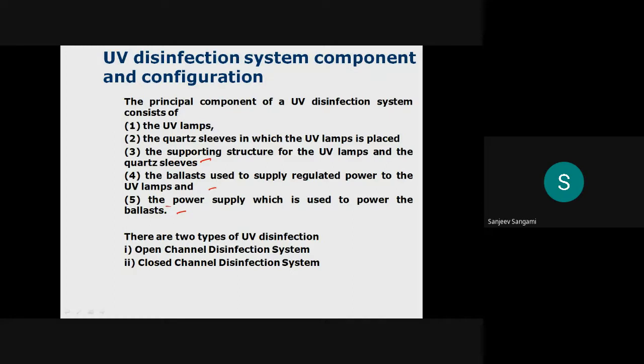Normally, one kind of UV bulb will be there, inside which mercury vapors will be there.